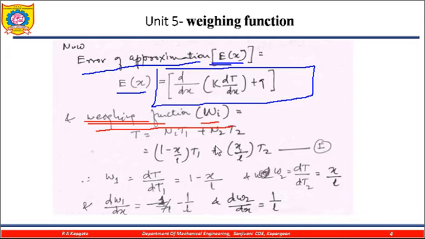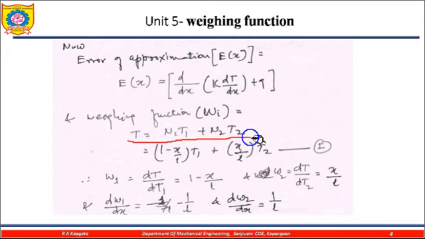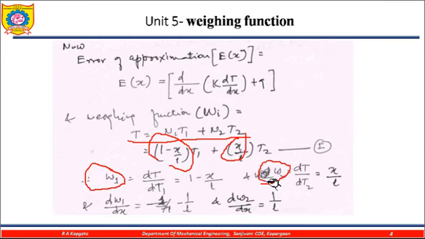The temperature is equal to shape function multiplied by T1 plus shape function multiplied by T2, and these values we already know in the Cartesian coordinate system. Then we need to find W1 and W2, that is dT upon dT1 and dT upon dT2.